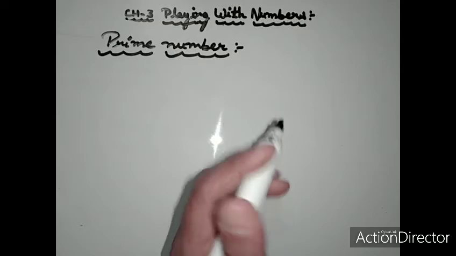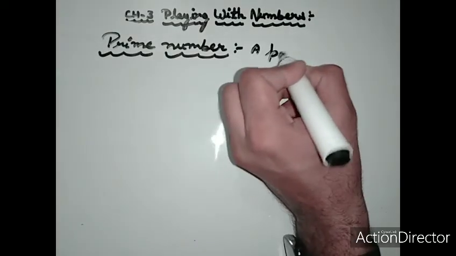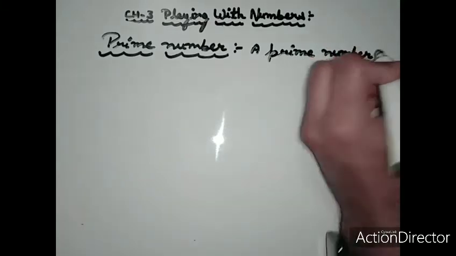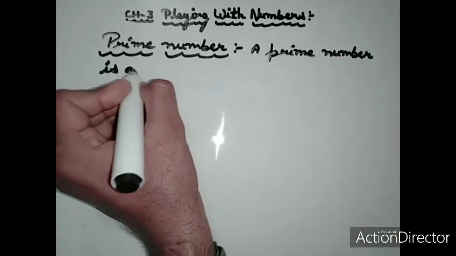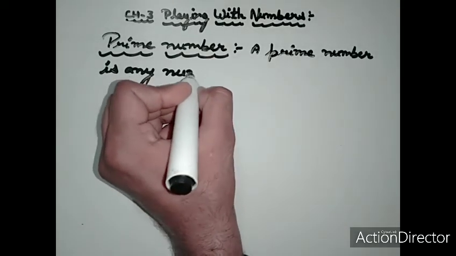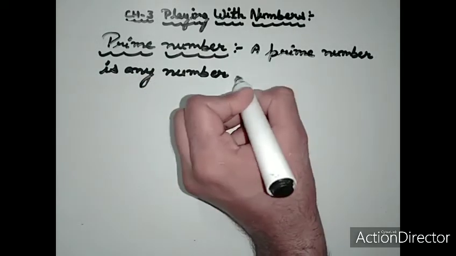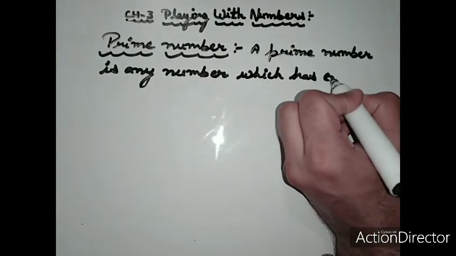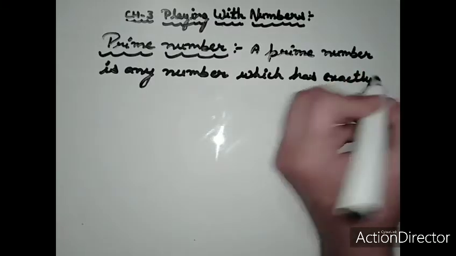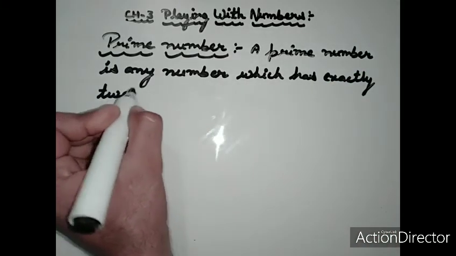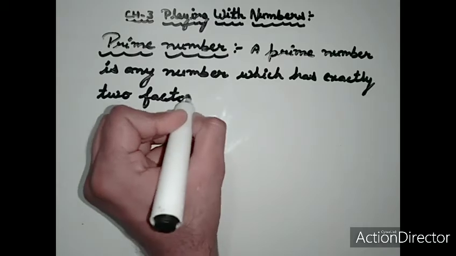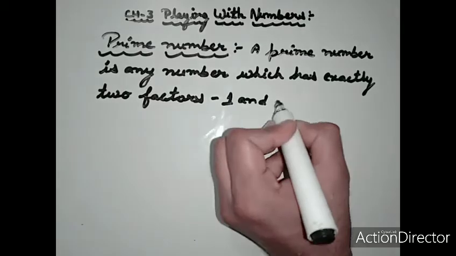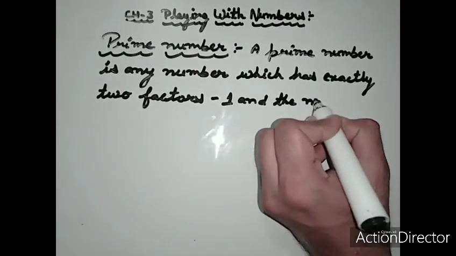So what are the prime numbers? A prime number is any number which has exactly two factors, like 1 and the number itself.